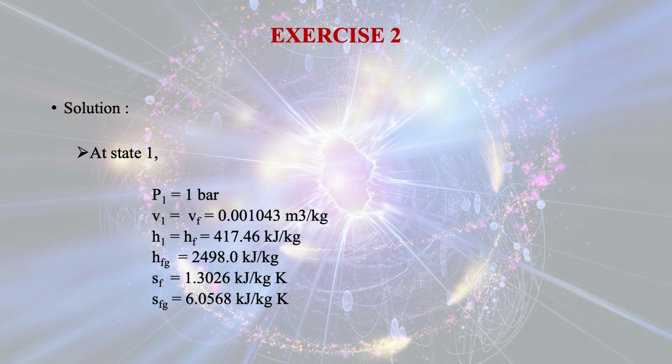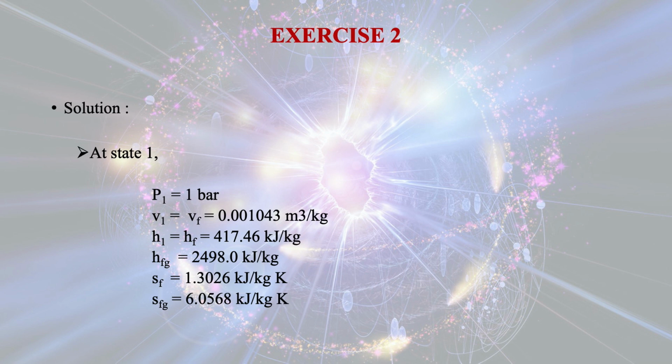At the outlet of the turbine, the pressure is 1 bar. So V1 is equal to Vf is equal to 0.001043 meter cube per kg, and for this particular pressure, HL is equal to HF is equal to 417.46 kilojoule per kg.